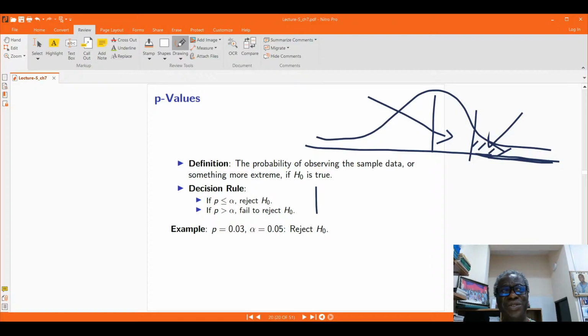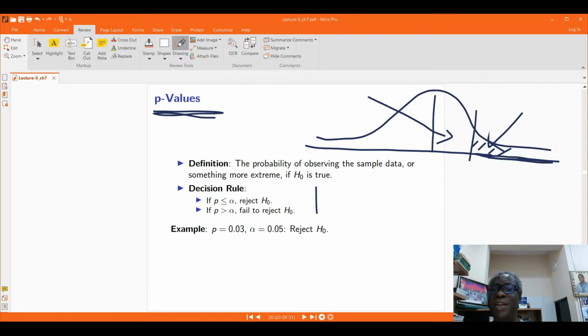I'm avoiding using the word accept. So the p-value determines whether the null is rejected or whether we fail to reject the null hypothesis.